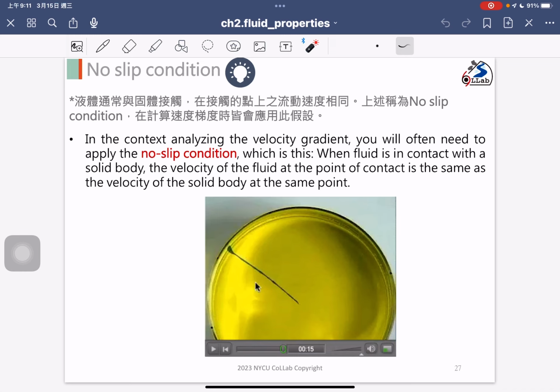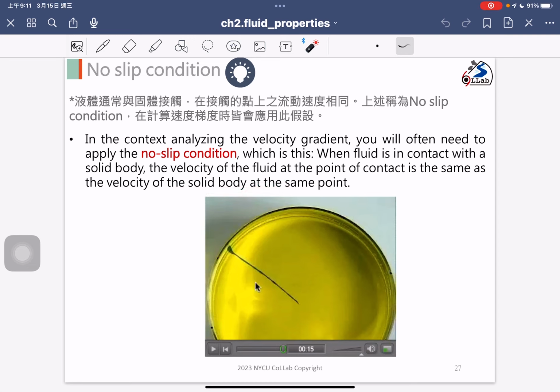And when we compute the velocity gradient, you will often need to apply the no-slip condition assumption, which indicates that when fluid is in contact with a solid body, the velocity of the fluid at the point of contact is the same as the velocity of the solid body at the same point.